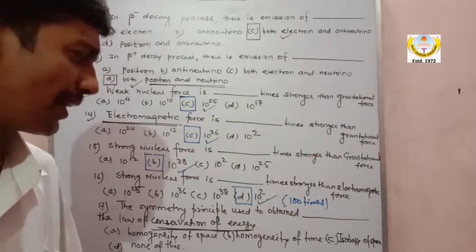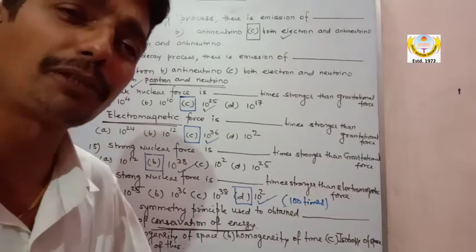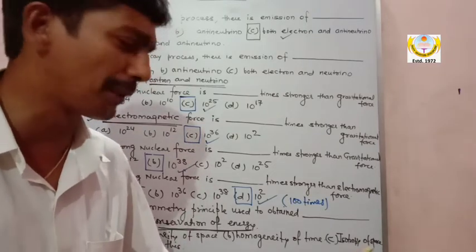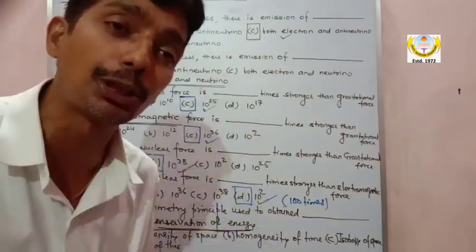There is no preferred direction in space, my dear. That is isotropy of space. When I say isotropy of space, it means there is no preferred direction.